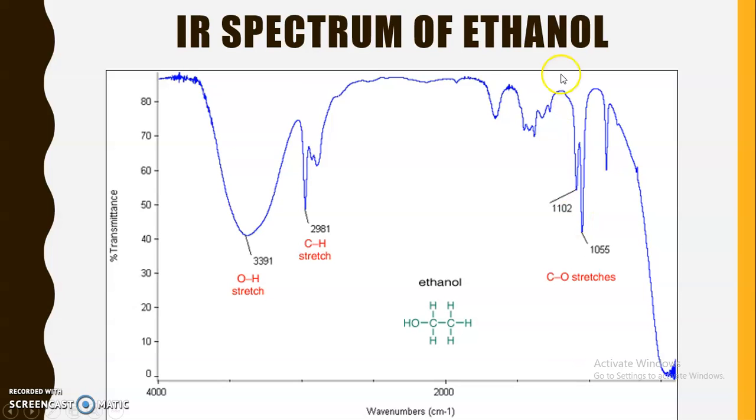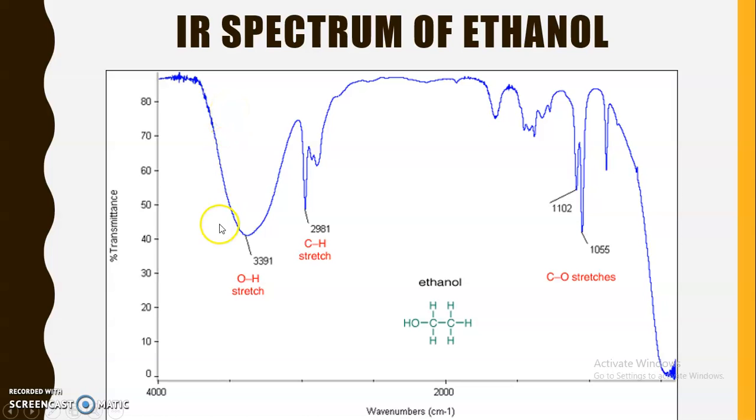Let me tell you the meaning of this. Suppose we get this flat line. You can see it is obtained above 80, so you can consider it approximately 90. This means 90% of the light is passed as such at this wave number. Whatever radiations have this wavelength pass through our sample as such.